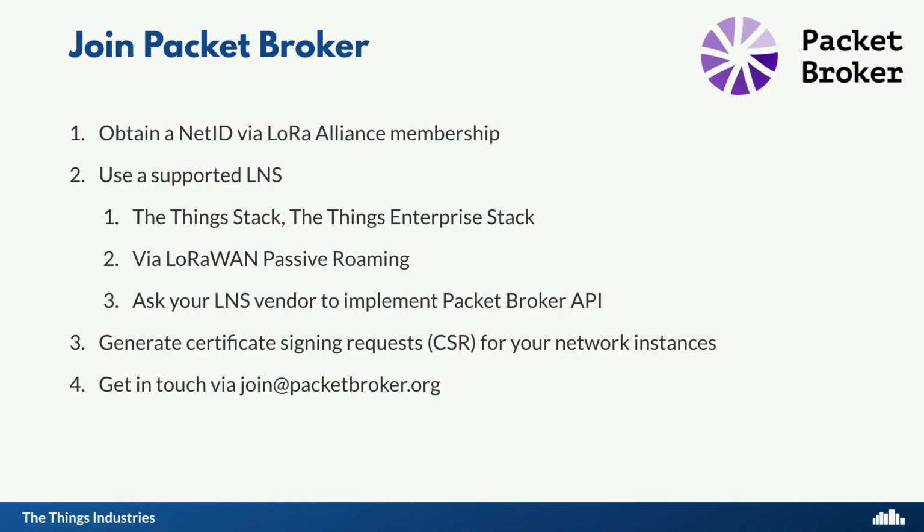You don't get all the nice features that the Packet Broker supports, but you can start exchanging traffic with the Packet Broker via the standard interfaces. And if you are using another network server, ask your vendor to implement the Packet Broker API, and hopefully they will do that. You also need to have a certificate, send an email, and you're done. You can start exchanging traffic.